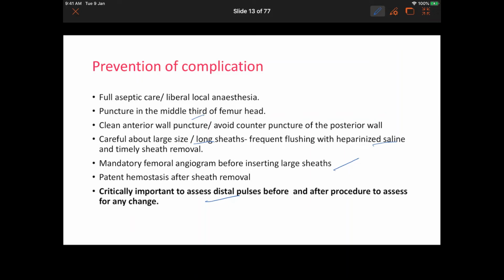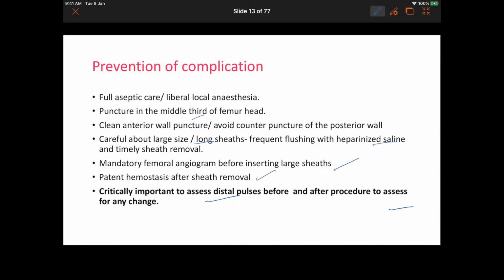Whether it was absent to start with, if so, then it's not very alarming. But if it was there before and now it's not there, even though you are feeling the femoral artery over the groin, you could have embolized something distally. So it's very important that you have your end points noted. Make a habit to feel the distal pulses before you prepare the patient for the angiogram. It's going to give you a lot of safety afterwards.